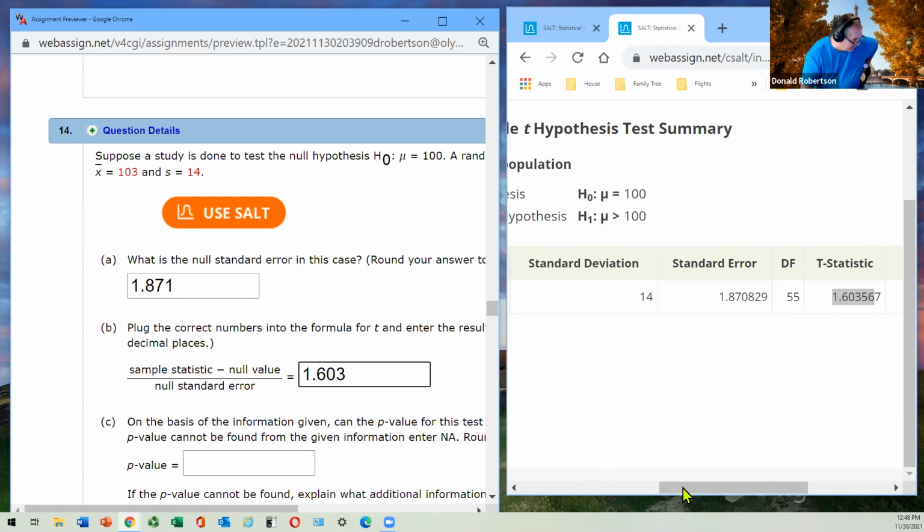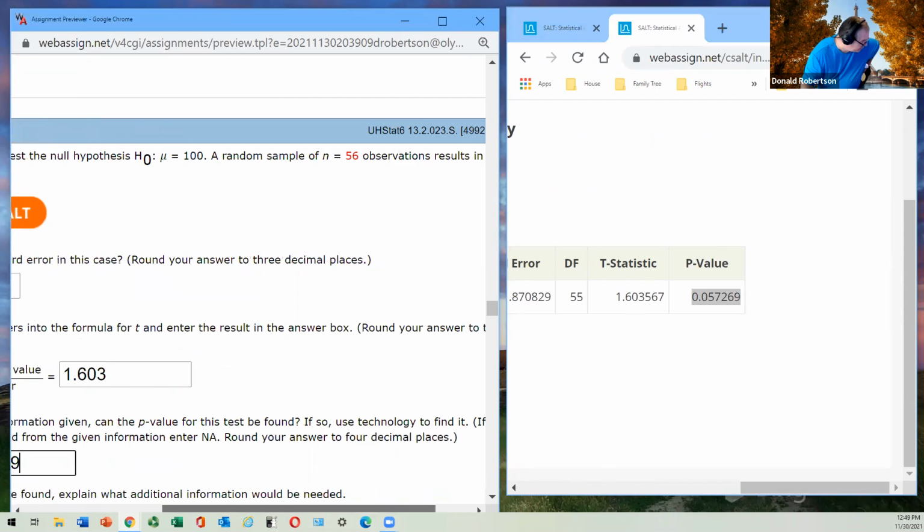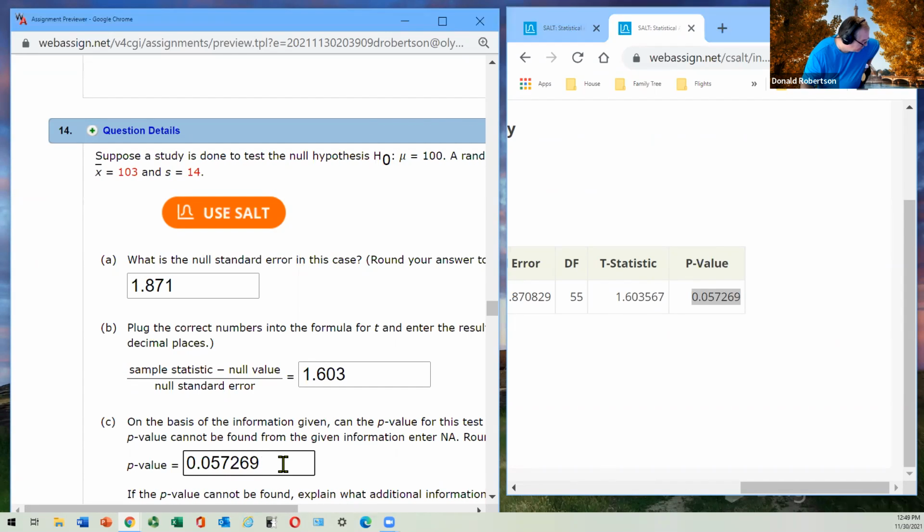Right, now I need to get a p-value, so hopefully if I scroll, there's the p-value. So can you see that you don't need to do it by hand if they tell you enough information? What I could have said is they want that one too anyway. 4 decimal places, 0.0573.